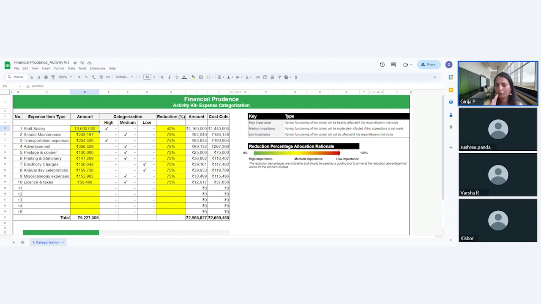High importance is something where, if you don't spend money on it, your school functioning will get affected. For example, staff salary: if you don't pay the staff, it will impact your school functioning. Medium is something where, even if you're not spending too much on it, your school functioning won't be much affected.